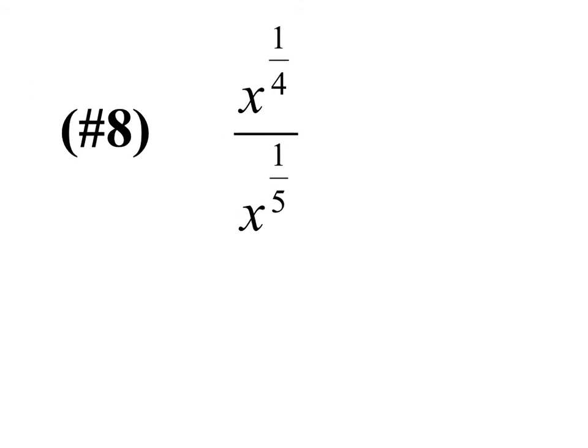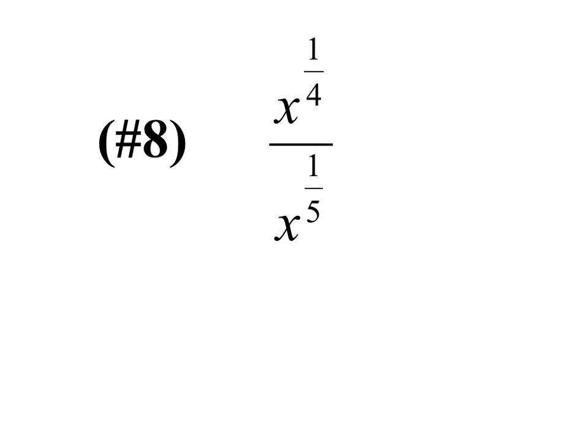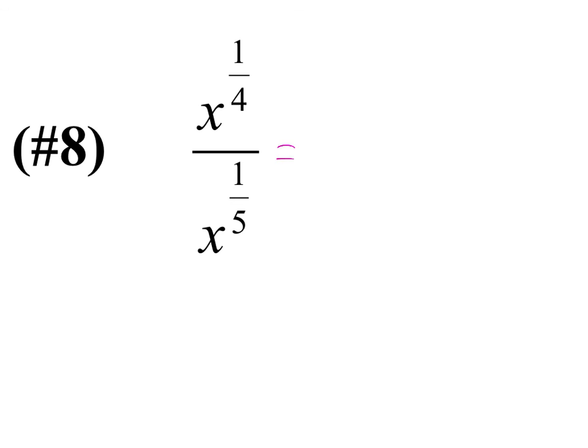All right, we have x to the 1/4 divided by x to the 1/5. So it looks like we're dividing numbers with the same base. When we divide, what operation do we do in our brains? We subtract. We're going to do 1/4 minus 1/5. The least common denominator between 4 and 5 is 20.